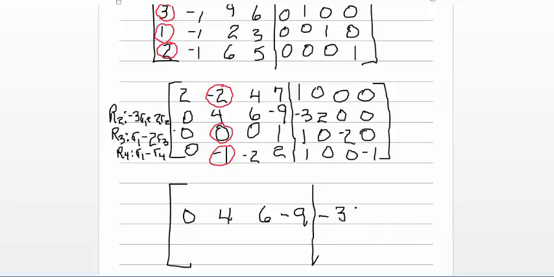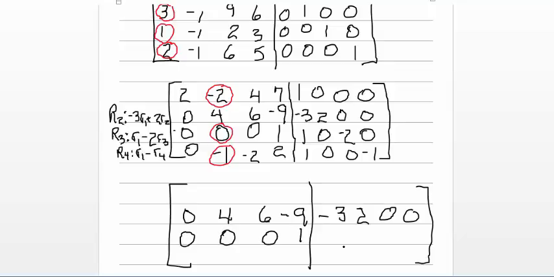So we're not going to change row 2. We're going to use row 2 as our anchor row to get those 0 entries that we desire. So we are going to change row 1 and row 4, but notice we already have a 0 in row 3 in column 2, so we'll just recopy row 3. We don't have to make any changes to that.